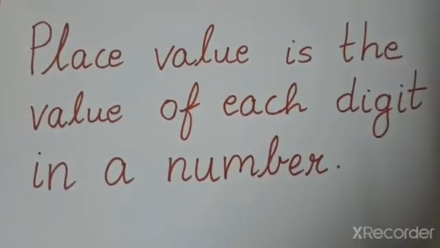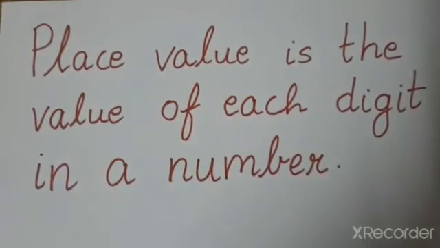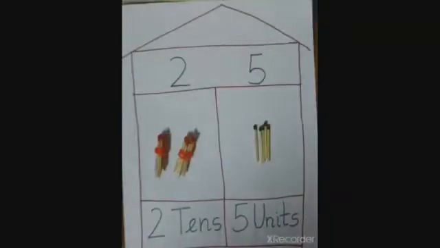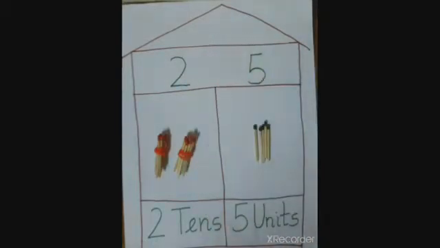Now I'll be showing you some examples to learn the place value of the digits. Let us take the first example. We have the number 25.